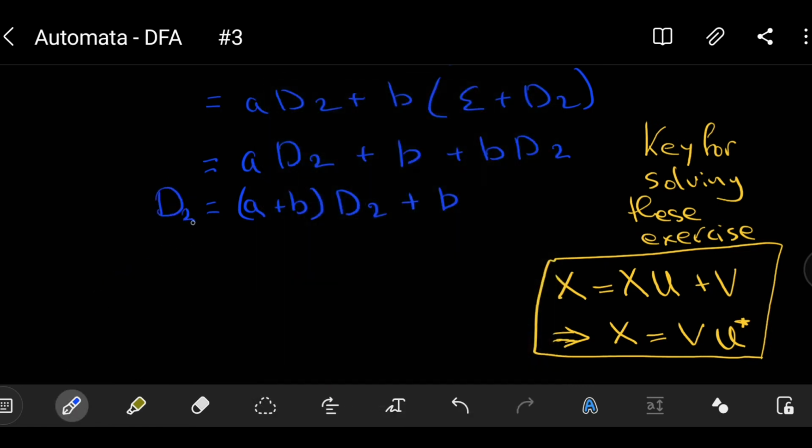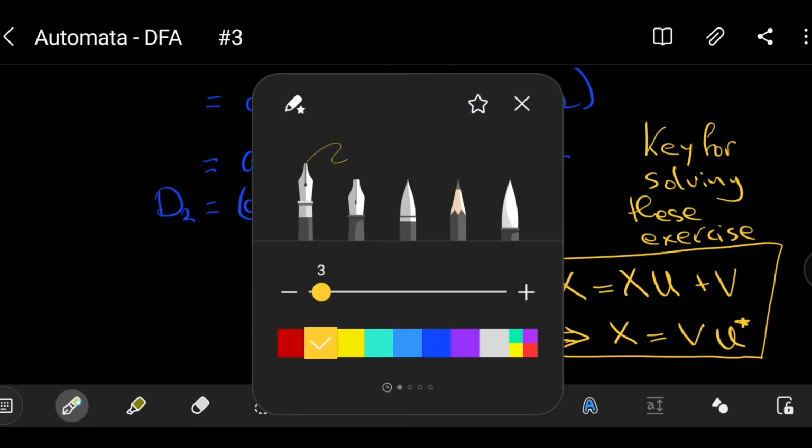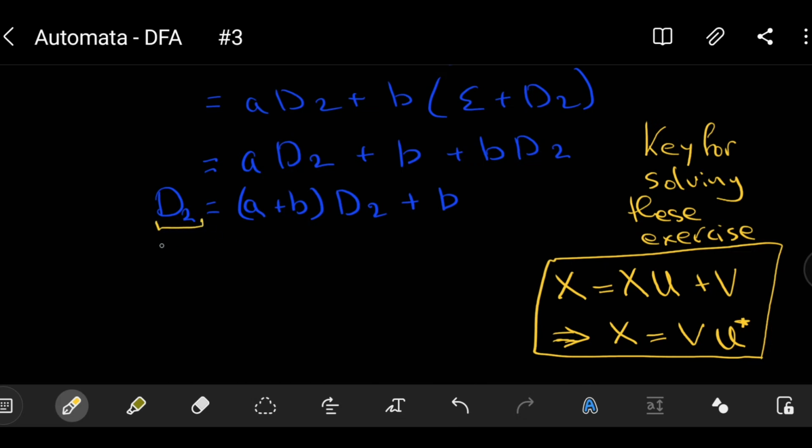This is the D2. So D2 is x, and D2 here is also x, the same value, and here is the quantity u, and we have plus v.